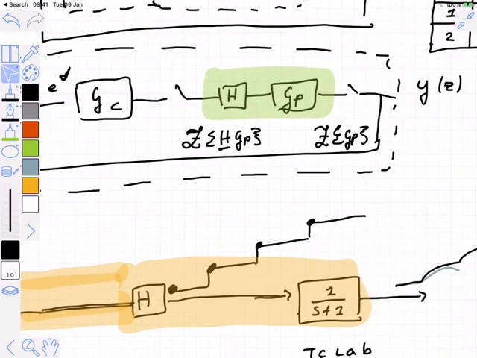I just want to wave that flag, because this is a large deviation. If you're trying to work the examples in the textbook, you will see that they use a table for transfer functions that includes the hold element. It does mean there's a little more symmetry in the way the transfer functions look.